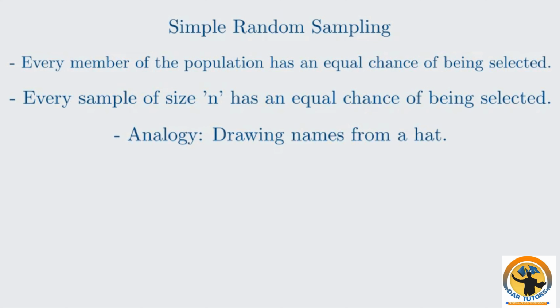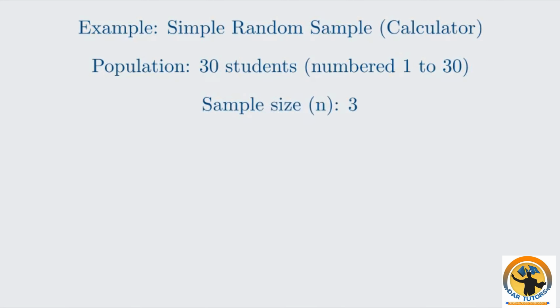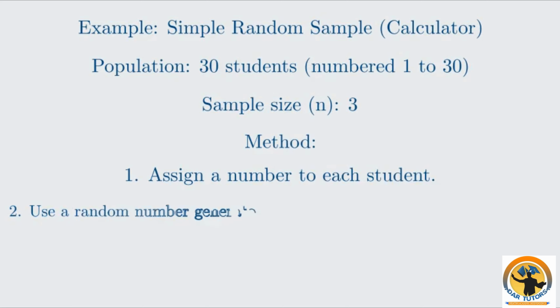A more practical method for larger populations is to assign a unique number to each member and use a random number generator. For example, if we have a class of 30 students and want a simple random sample of 3, we can number the students from 1 to 30. Then using a calculator's random integer function like randint(1,30), we might get the numbers 8, 12, and 25.